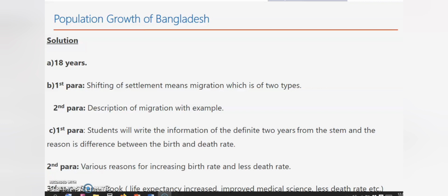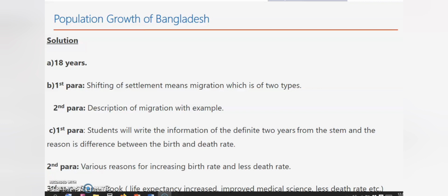In C, you have to explain the reason why the population of Bangladesh in 2007 was 3 times that of 1961. In the first para, you can write the information of the 2 definite years from the stem and the reason why it was so, and you have to write the difference between the birth and the death rate.